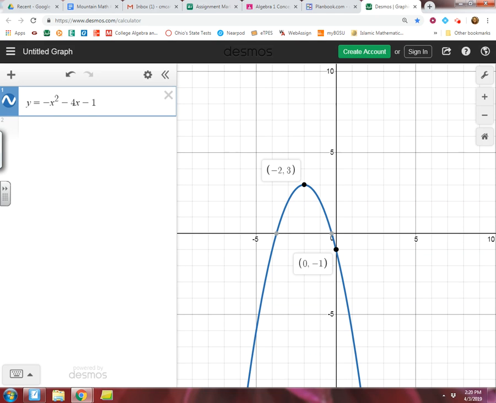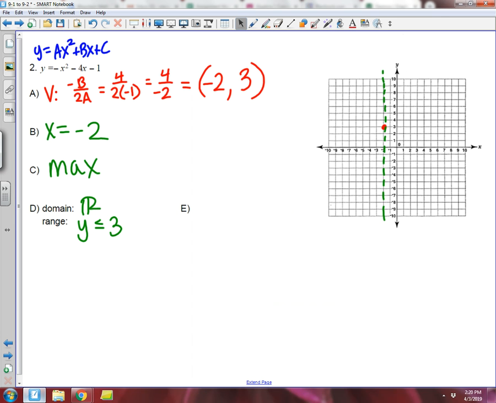Where does it hit the y-axis? 0, -1. Now that's a point, isn't it? So go ahead and put it on your graph, 0, -1, and then make the mirror image of that point. How many units is that from the axis of symmetry? 2. So if I go 2 units past it, I get the mirror image.